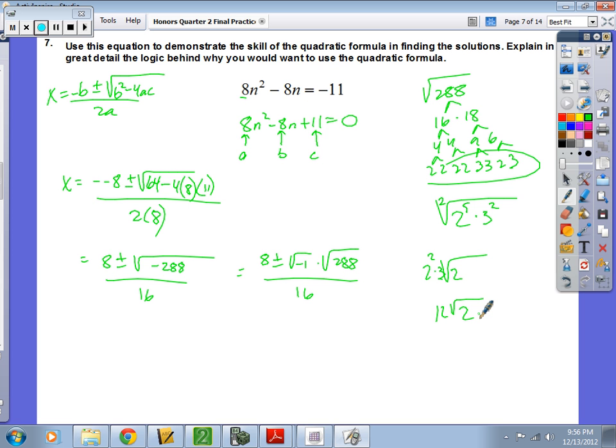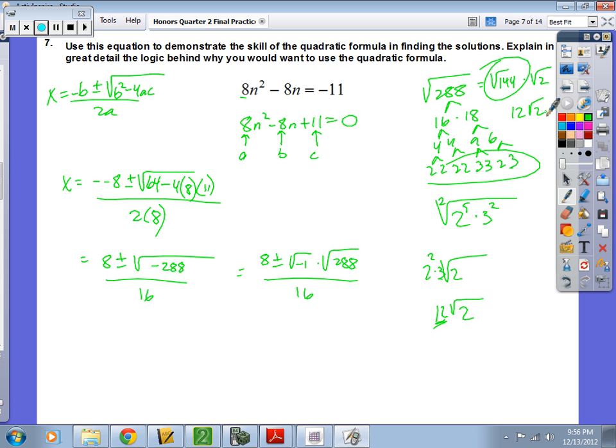Oh, okay, this looks a lot easier. I should have just done this: the square root of 144 times the square root of 2, because 144 doubled is 288, and then you could just go straight here. Square root of 144 is 12, so that would have been easier.